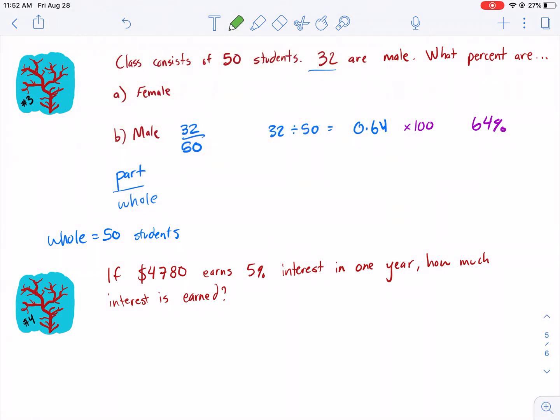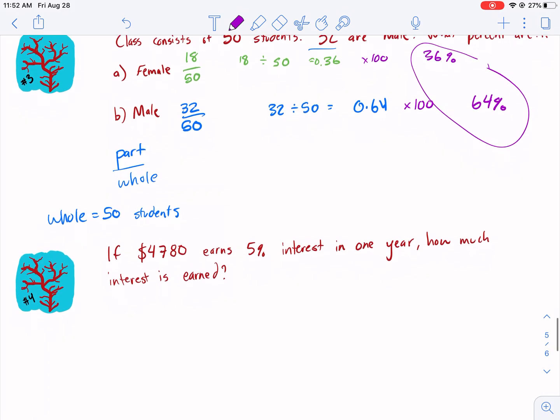So I'll use the remaining students, which are 18 out of the total of 50. So we do 18 divided by 50, and that's going to give us 0.36. We multiply this by 100, and we get 36%. This needs to add up to 100%, and it does. So there's our answer there.